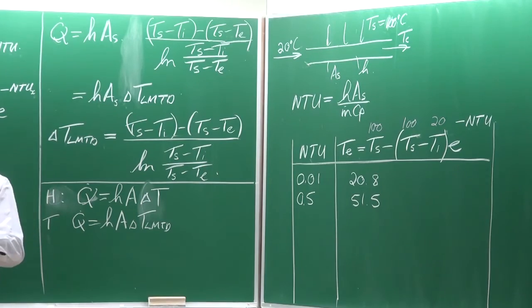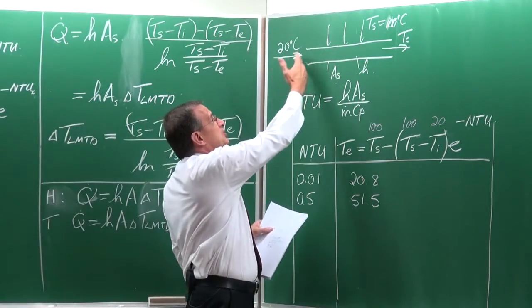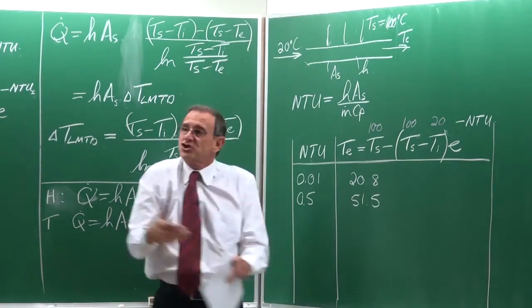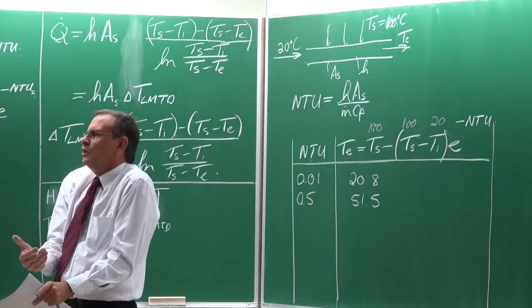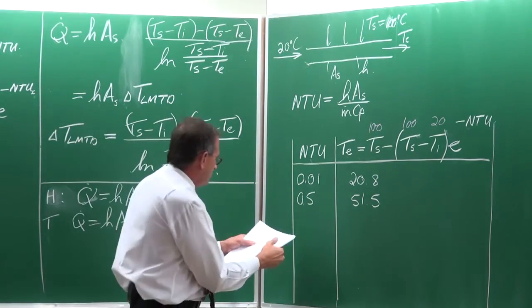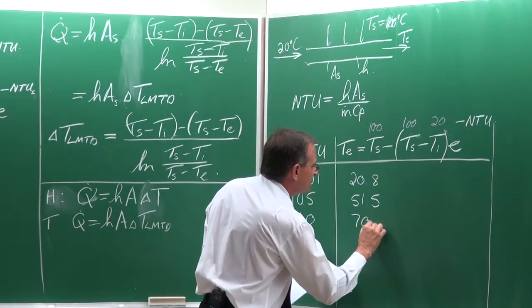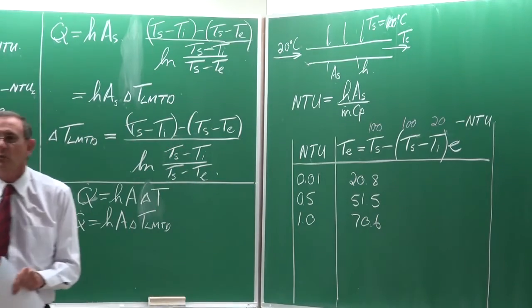For you as an engineer, if you've got a problem like this where you want to heat something and you've got a source at 100 degrees, you would like to get it close to 100, wouldn't you? If the NTU is 1, then the outlet temperature would be 70.6 degrees Celsius. So we're making progress.